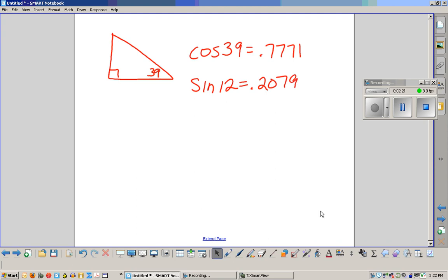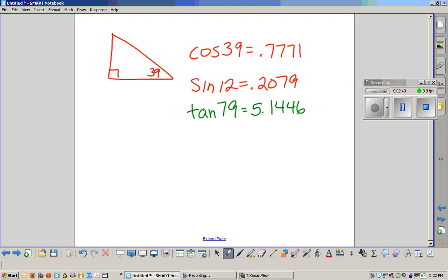Now, how about you try this one? The tangent of 79. Okay, remember these are acute angles we're talking about. So go to your calculator and input the tangent of 79. Hopefully you get what I get, which is 5.1446.